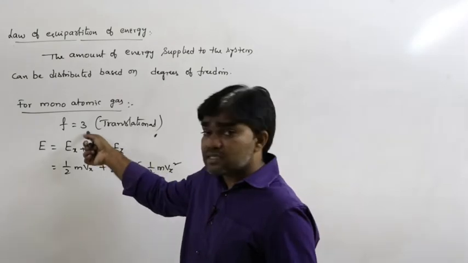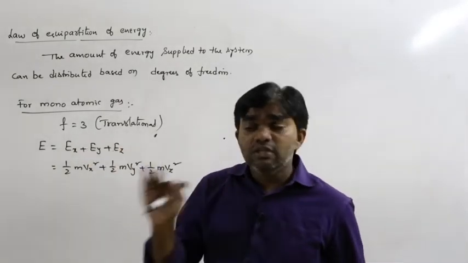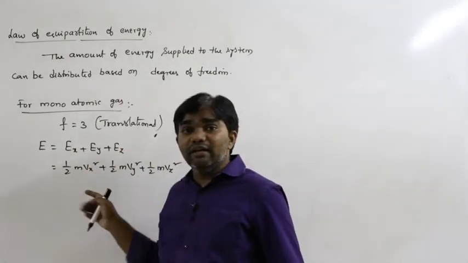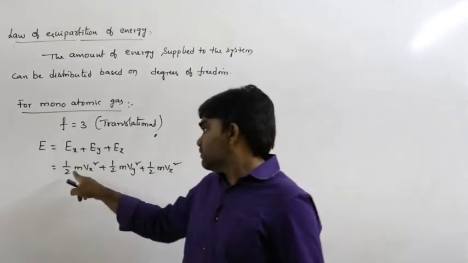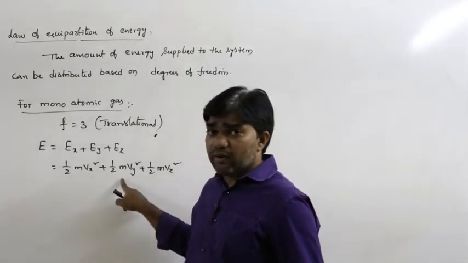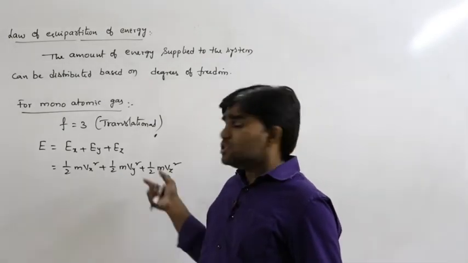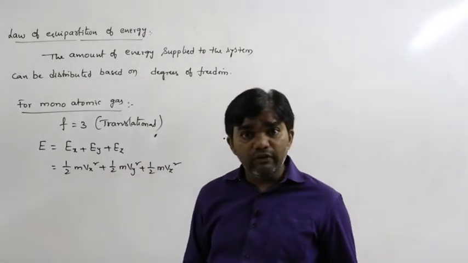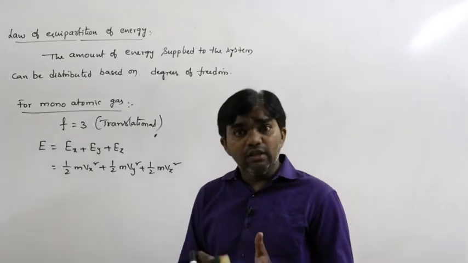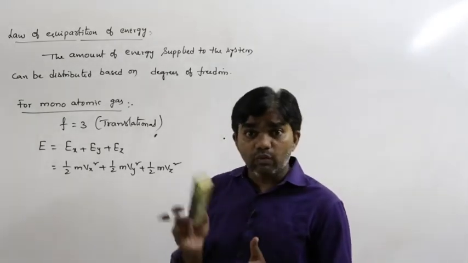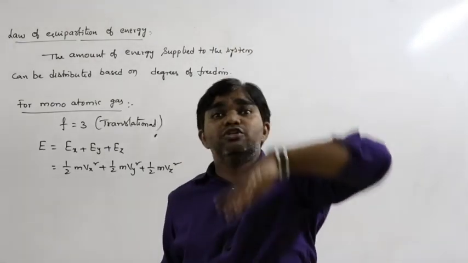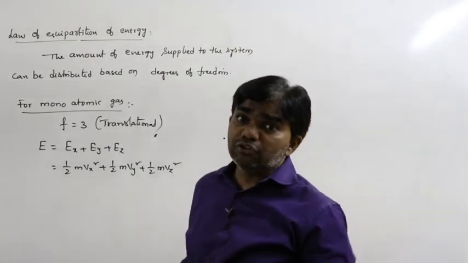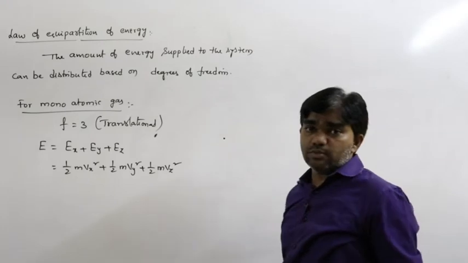Here monoatomic gas has 3 degrees of freedom, so the energy is distributed in 3 ways. Based on this, we can predict that the particle may move along the x-axis, y-axis or z-axis, or at the same time the particle moves in 3 dimensions. So that is the situation.